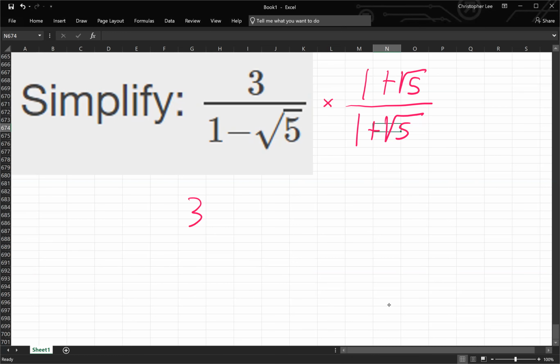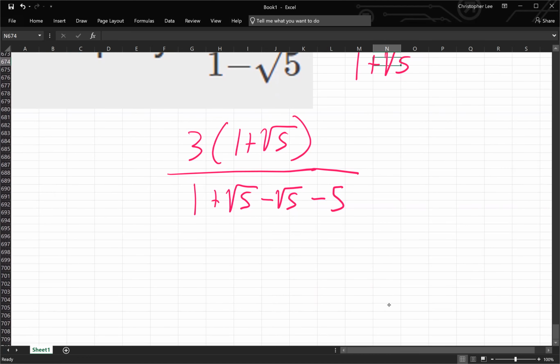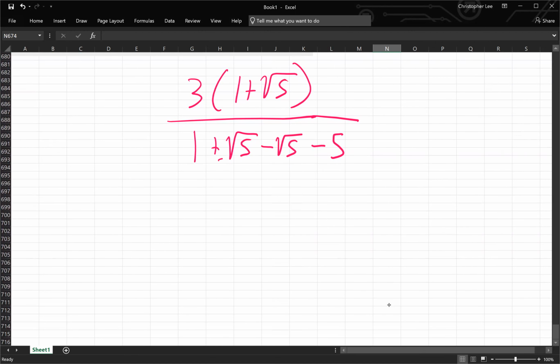What am I going to have? 3 times 1 plus square root of 5. What's that? 1 times 1, 1. Plus square root of 5, minus square root of 5. And then minus, well, let's say minus 5, right? Square root of 5 times square root of 5. Right? And then these will cancel out.